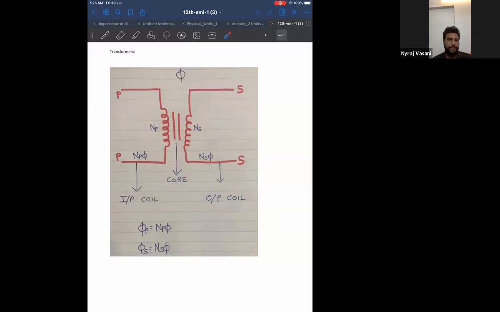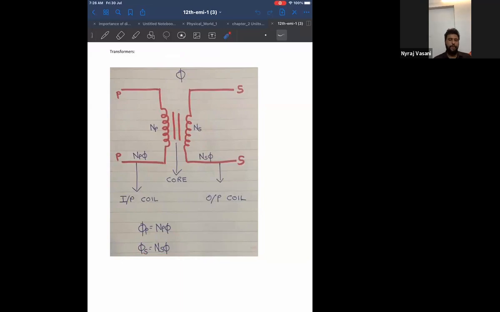Till here, everyone understood? Now, let the total flux in the coil be phi. Therefore, total flux of the primary coil will be number of turns in the primary into total flux, and total flux in the secondary will be NS into phi.